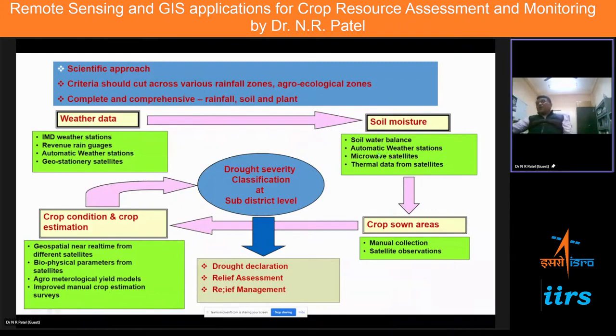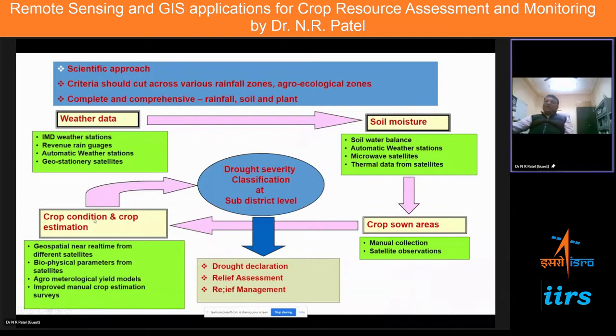That is only possible with the soil water balance technique, in situ measurement. Apart from that, microwave remote sensing satellite data has the capability to provide soil moisture. Nowadays, we can even use thermal data to sense evapotranspiration as an indicator of drought.